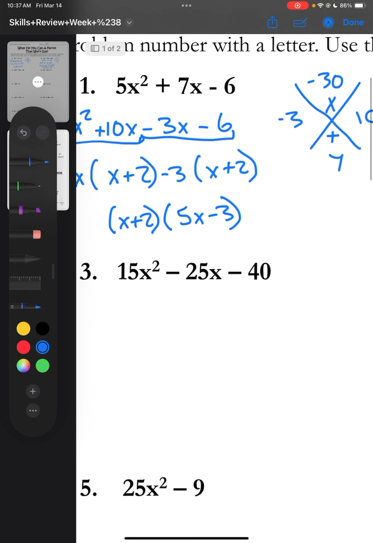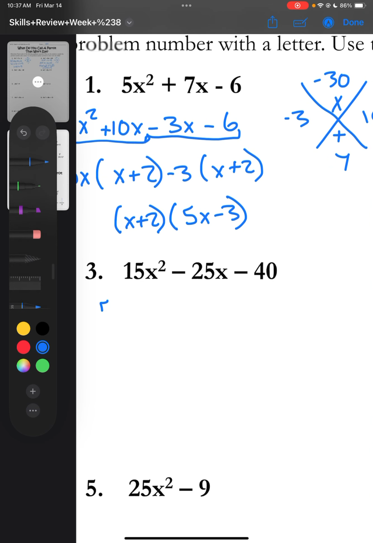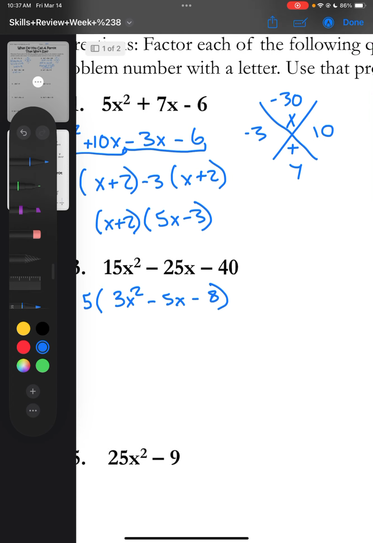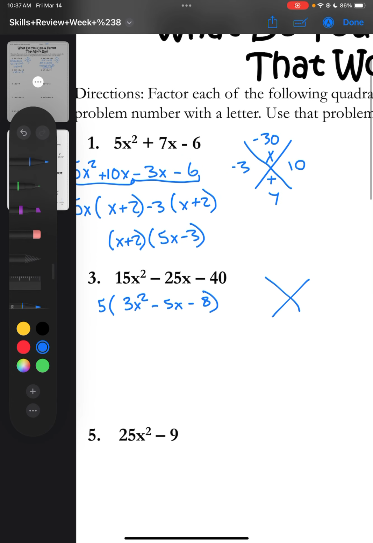Number 3. We want to take out that 5 first, leaving 3x squared minus 5x minus 8. Then from there we can do that grouping again if we want. So negative 8 times 3 is negative 24, and negative 5.